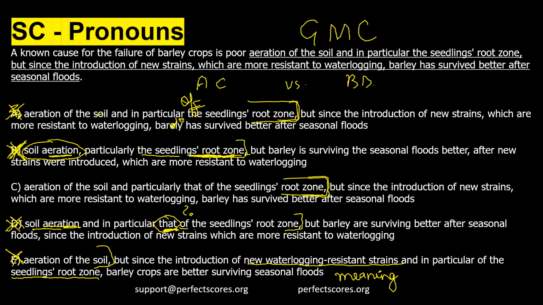And poor aeration is of two parts, generally soil and particularly the root zone. That's the meaning. But what option A looks like is we're talking about two different causes. One is aeration of the soil and the other is the seedling's root zone. That is why option A is not giving you the correct meaning. So it's wrong because of the meaning. Did everyone else get this?